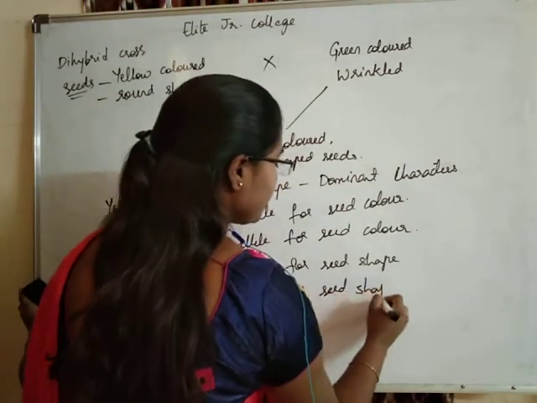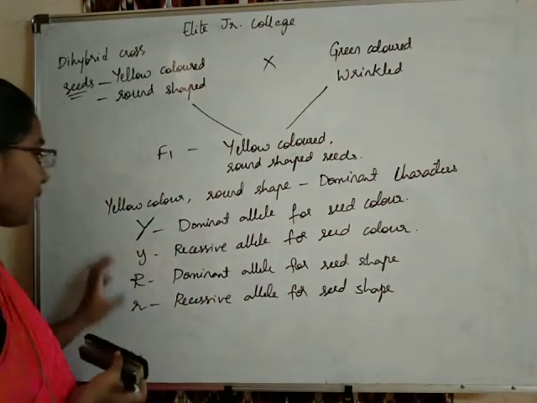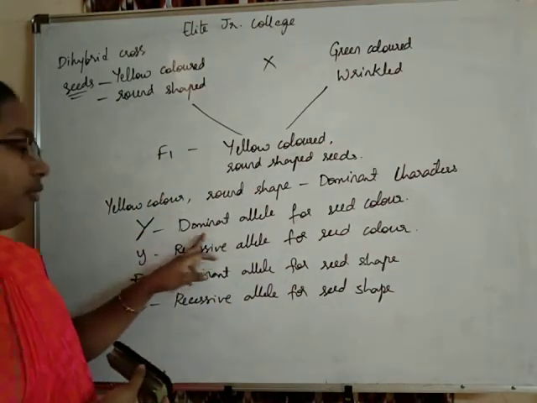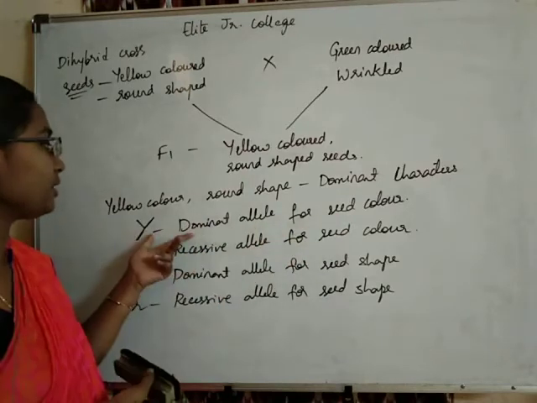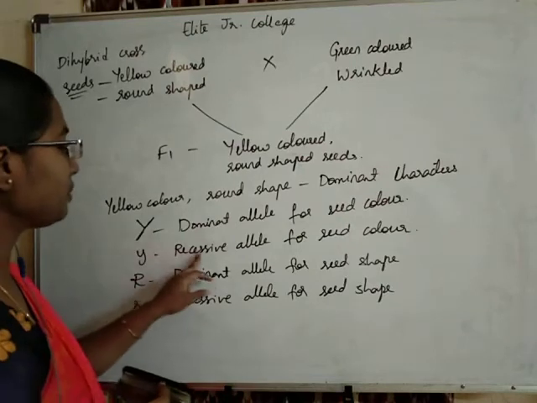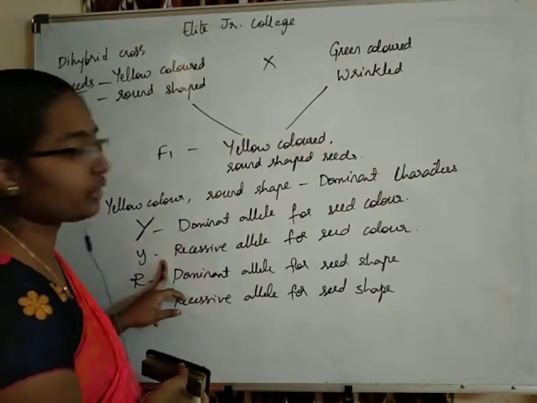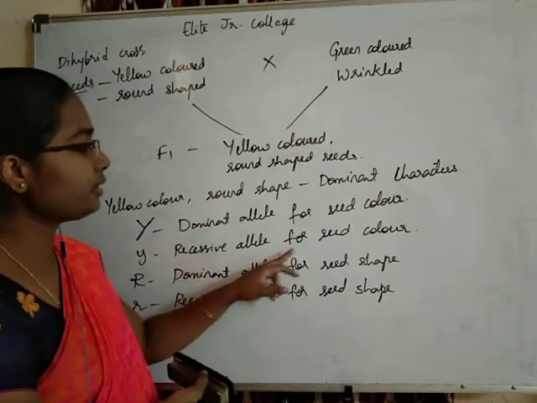So capital Y is responsible for yellow color, and small y is responsible for green color. It is a recessive allele for seed color.